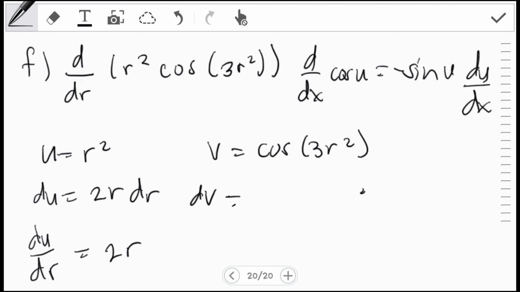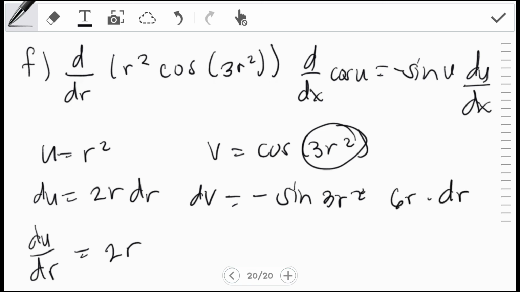So dv here is equal to negative sine 3r squared, times the derivative of 3r squared, that is 6r dr. So dv over dr is equal to negative 6r sine 3r squared.